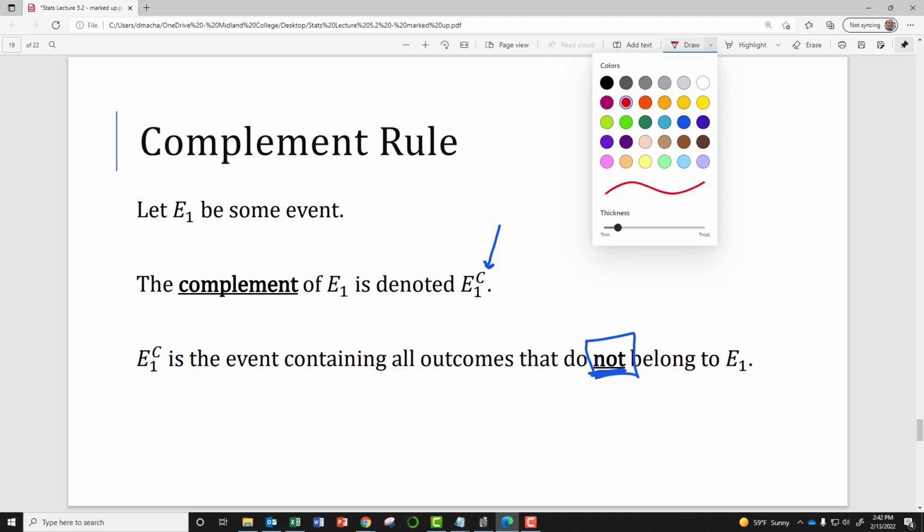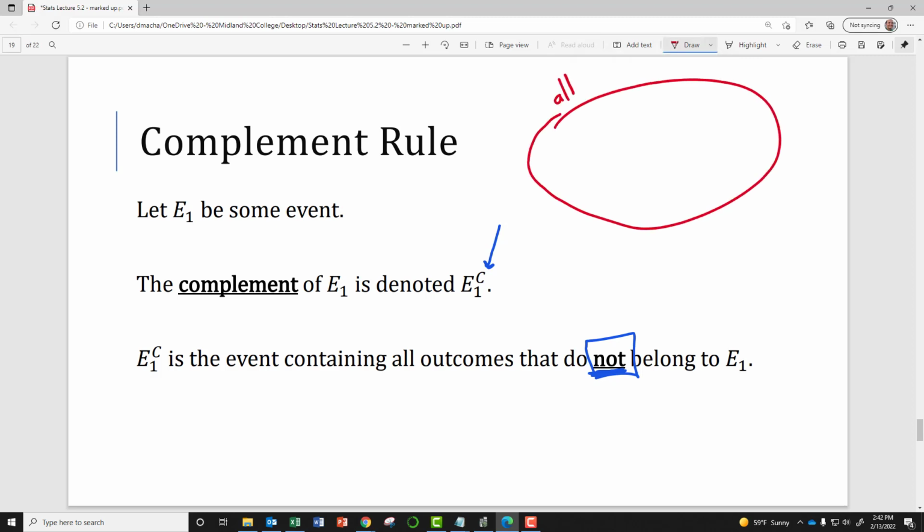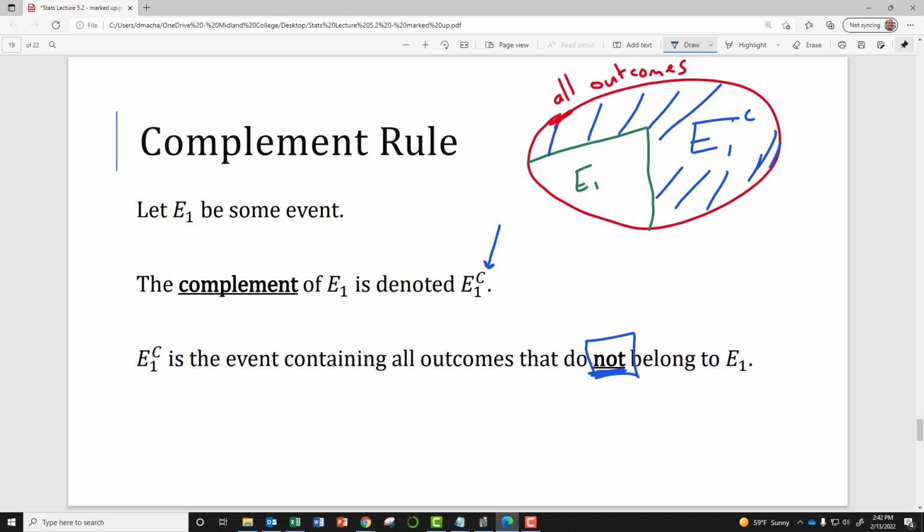So if this is the space of all possible outcomes, and this is the space of E1 outcomes, then everywhere else is going to be the space of E1c, the complement of E1. So when you add the two together, the space of E1 outcomes and E1c outcomes, you're talking about the space of all possible outcomes when you consider both of them together. So hopefully that makes sense.